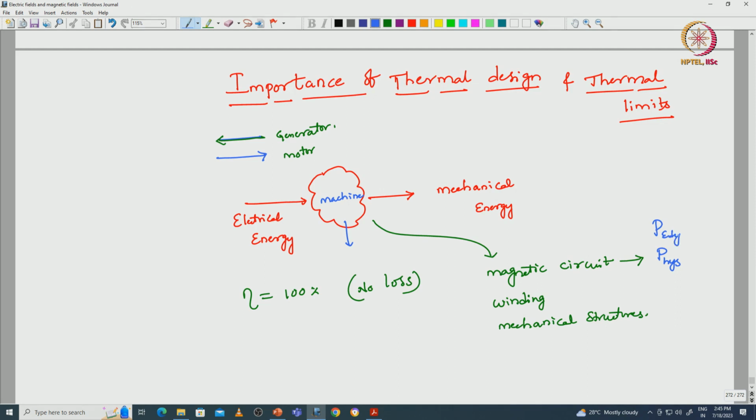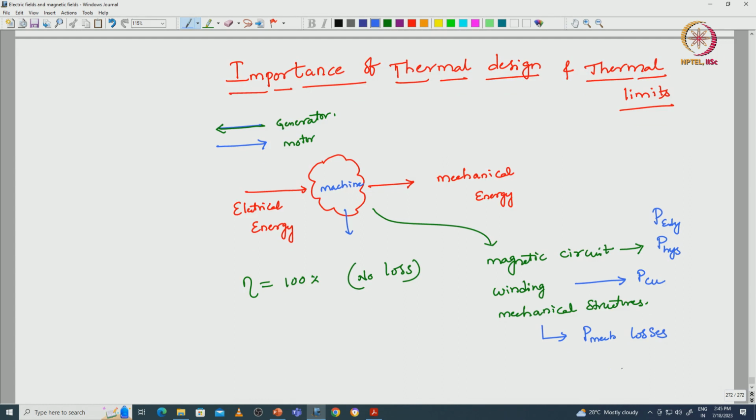We have discussed different types of losses already while discussing the induction motor design. With respect to the windings, we will see the copper loss. With respect to the mechanical structures, we will see the friction and windage losses. So, because of these losses, the efficiency is not equal to 100%.